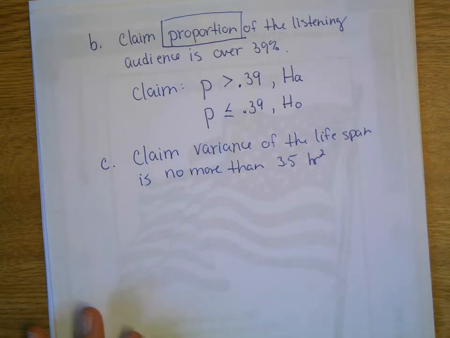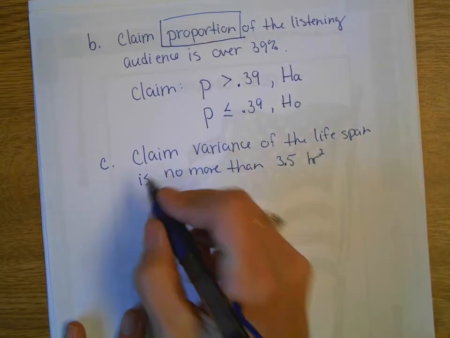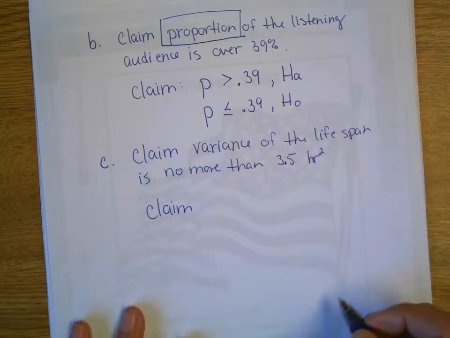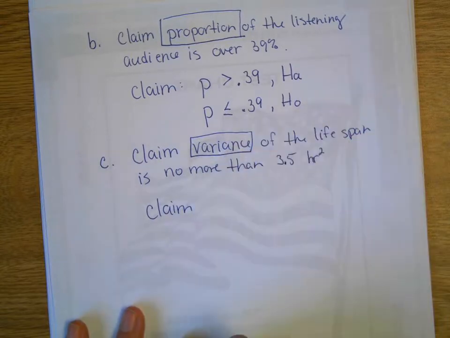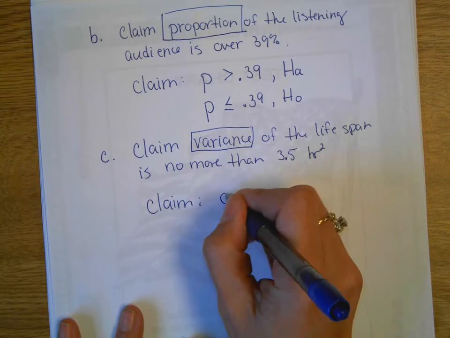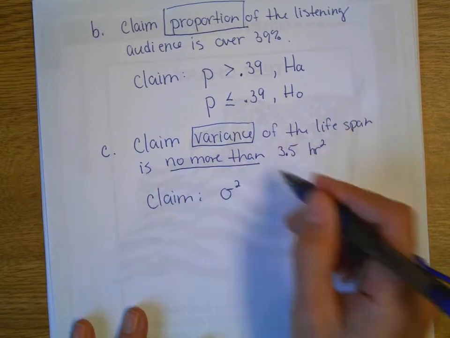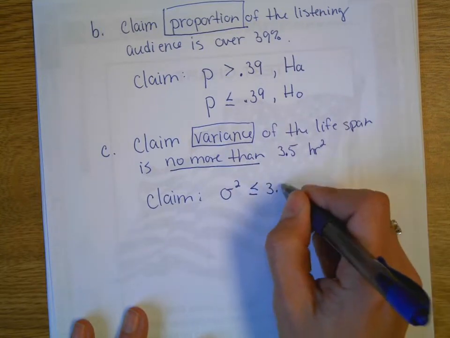Okay, so what's the claim about? First of all, what's our symbol? Hold on, variance. Population variance symbol. Sigma squared. That's our population variance. No more than, less than or equal to 3.5.